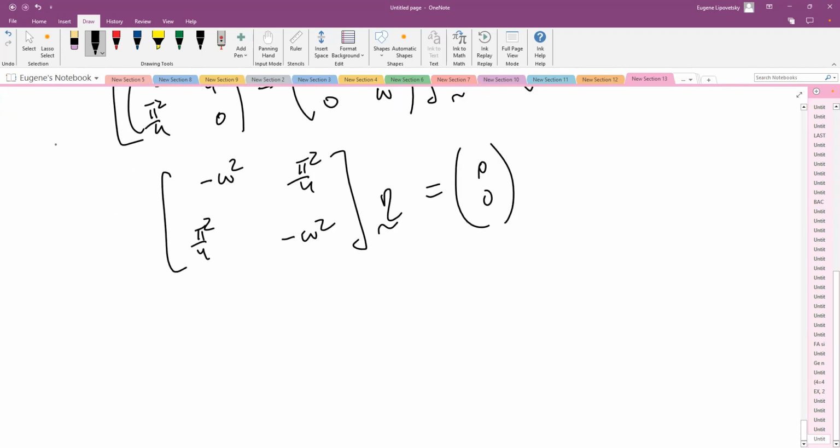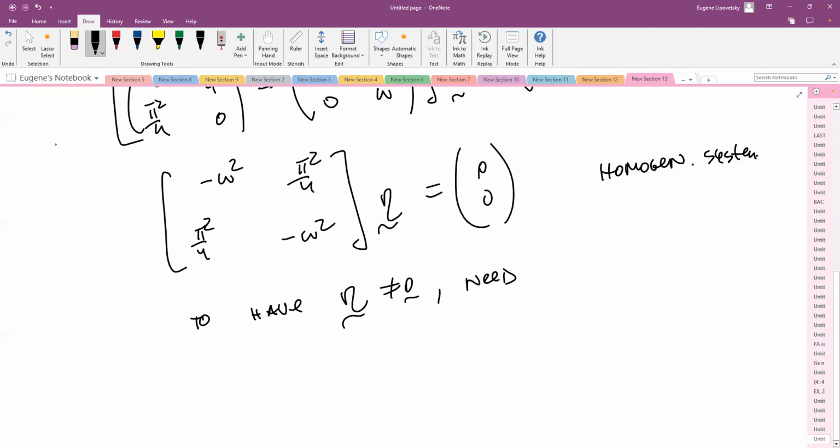Now, this is a homogeneous system, and to have a non-trivial solution we need the determinant of this to be 0.